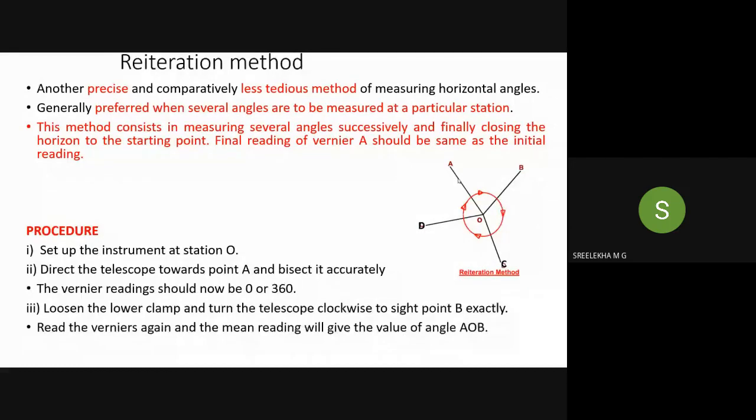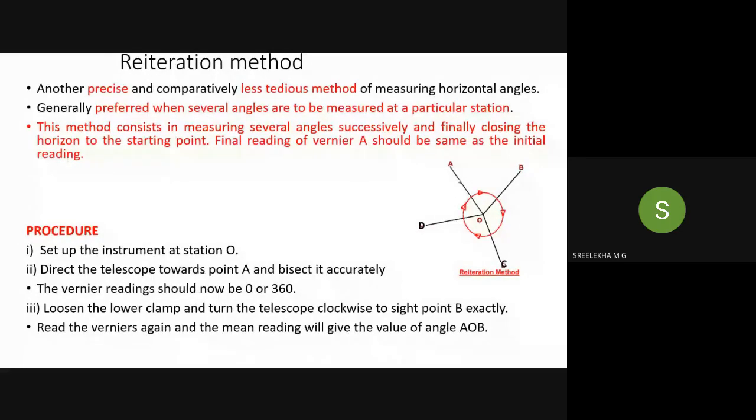First of all, you rotate your telescope clockwise and anti-clockwise by loosening your upper clamp and upper tangent screw. When you rotate your upper clamp or upper plate, what is it doing? The angle on the horizontal plate will be changing. Our intention here is to make the angular reading 0 degree.